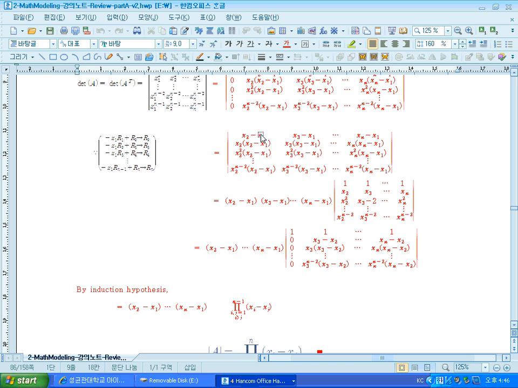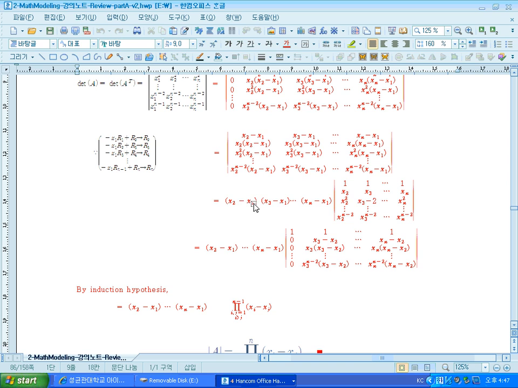Here, do you see, we have a common factor x2 minus x1 on the first column, and x3 minus x1 as a common factor for the second column, and xn minus x1 on the last column.